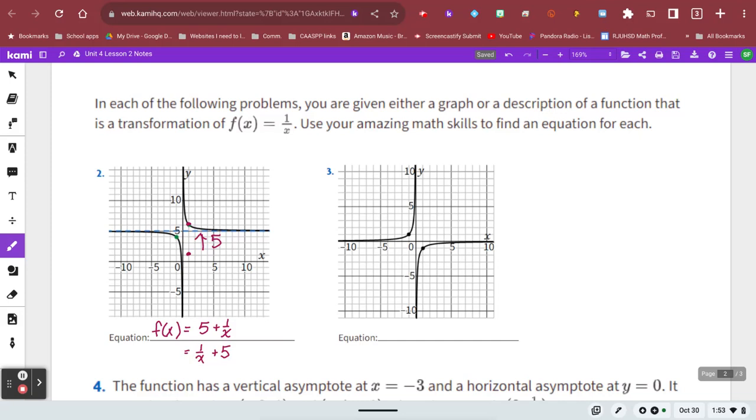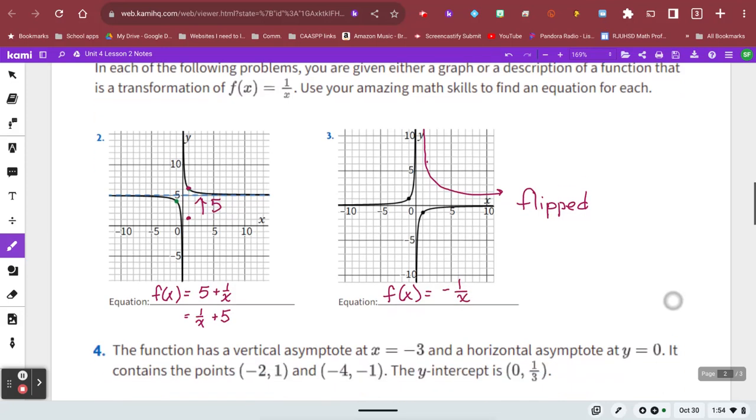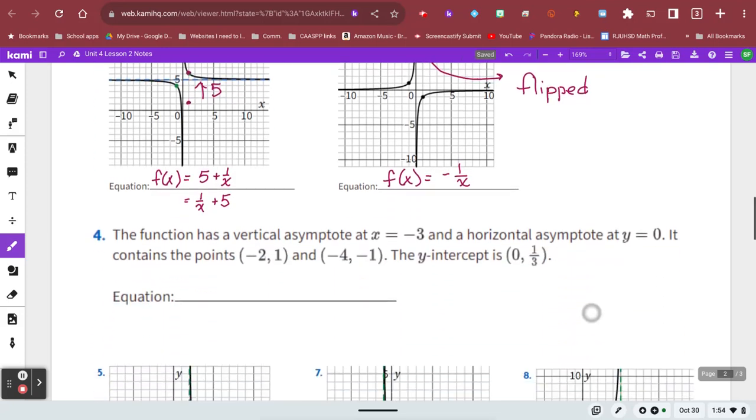All right. So here, the next one, if we look at it, normally we would be going this way, but we did flip it. This one was flipped. And when we flip it, we just add a negative. So f of x equals negative 1 over x. Okay. Well, here we have an asymptote at x equals negative 3.